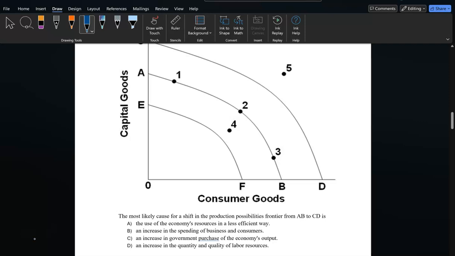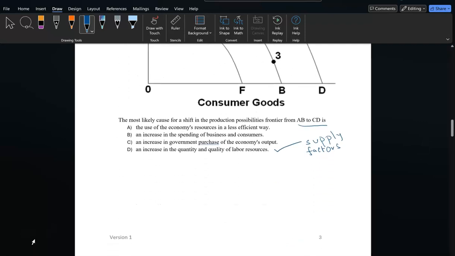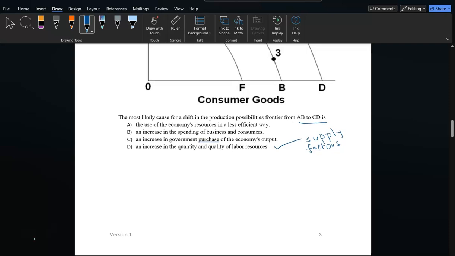Again, the PPF is shifting and they are asking for a probable reason. This one is going to be this: increase in the quantity and quality of labor resources. Remember, these are the supply factors that promote economic growth.